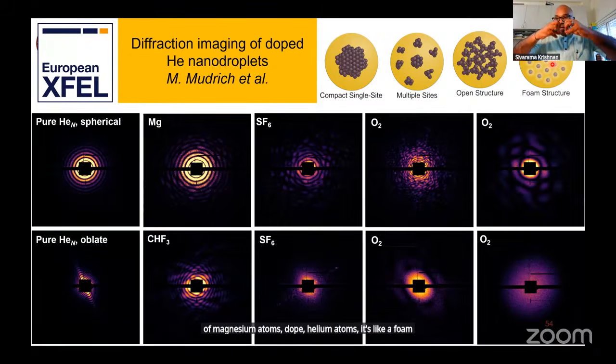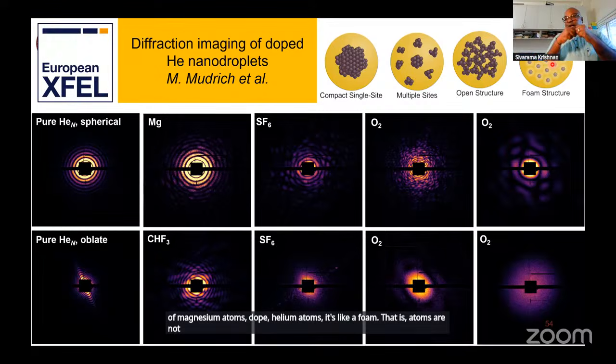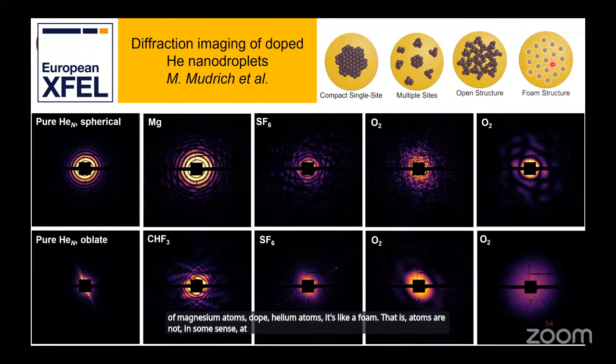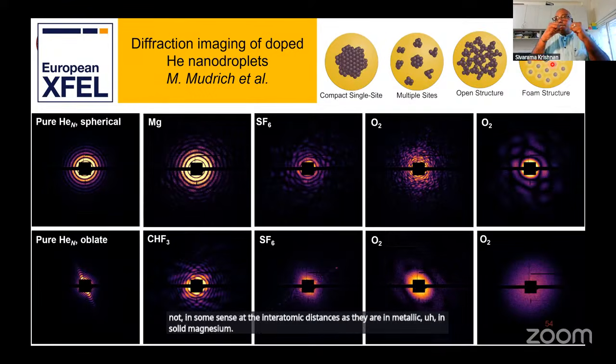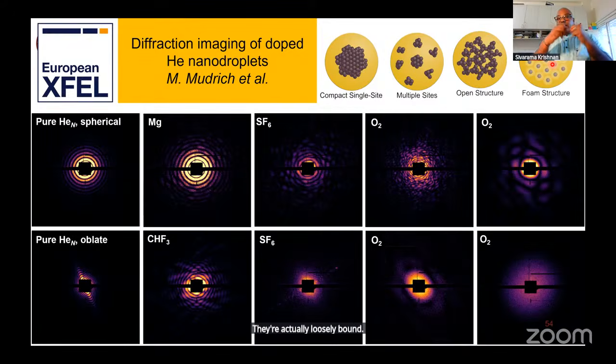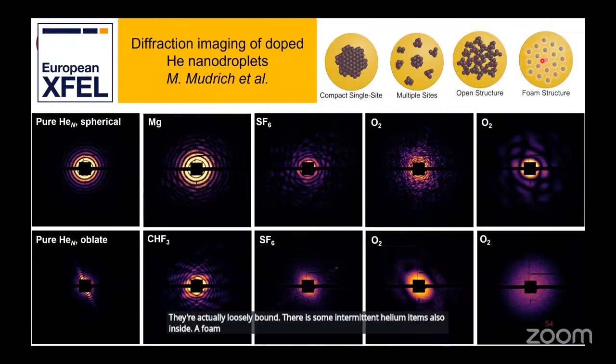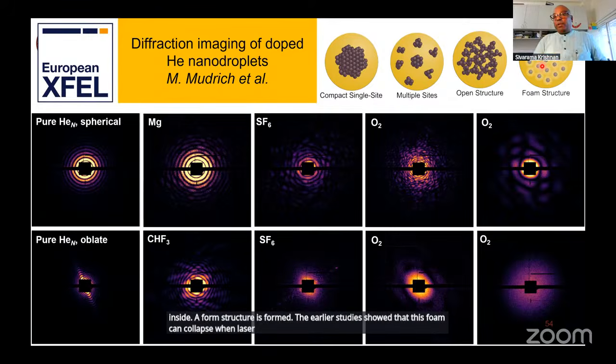That is, the atoms are not at the interatomic distances they have in solid metallic magnesium. They are loosely bound, with some intermittent helium atoms inside, and a foam structure is formed. Earlier studies showed that this foam can collapse when excited with optical lasers.